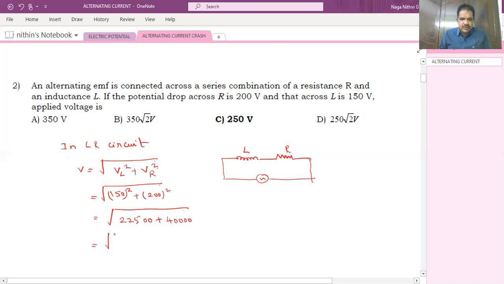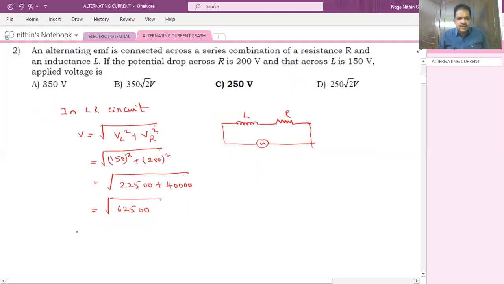So this is square root of 62500. Then V is equal to 250 volt. So the second option will be the answer for it.